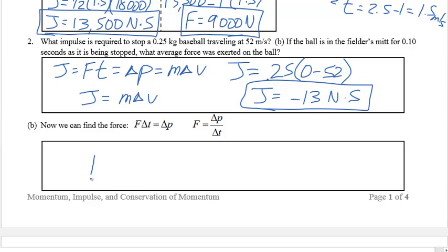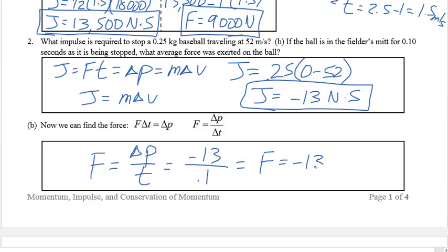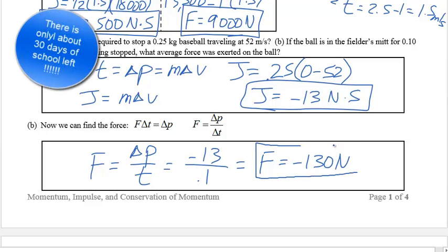Force is change in momentum over time. That's that equation that Newton came up with. Our change in momentum essentially is the impulse of 13. And we know the time was 0.1 seconds, so the average force was negative 130 newtons.